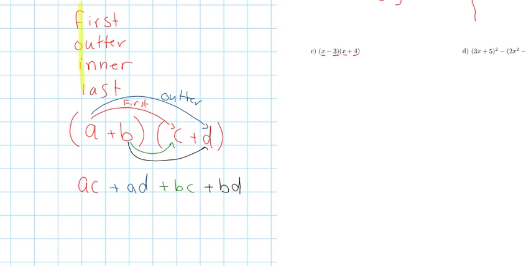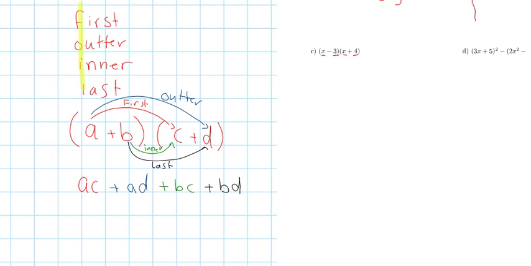It's exactly the distributive property, but done twice. Are we okay with this? Anytime you have two binomials multiplied with each other, this is what you're going to have to do.